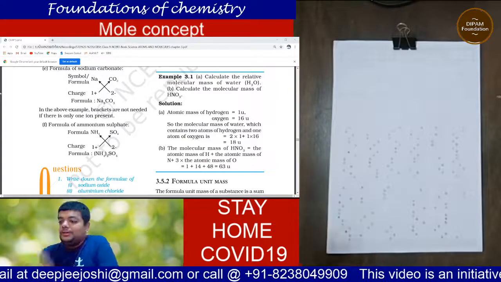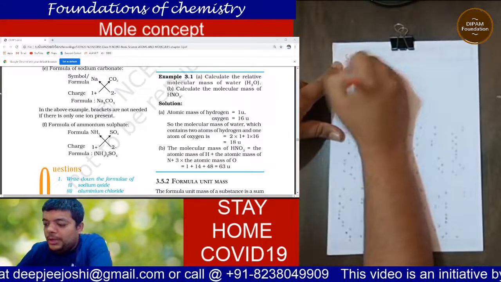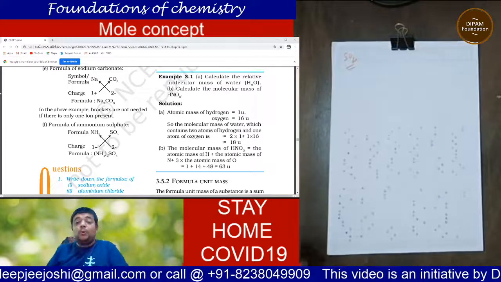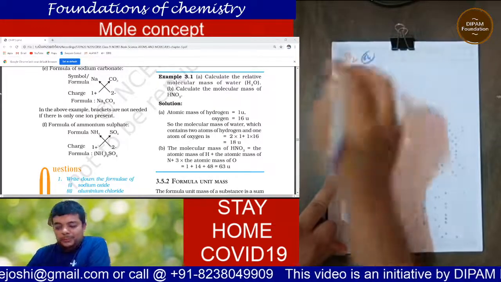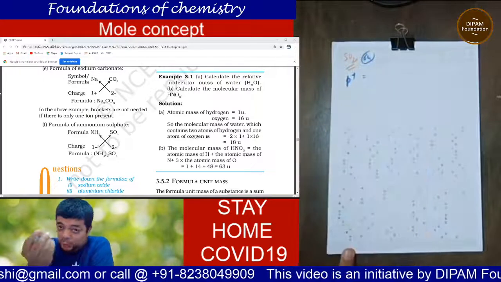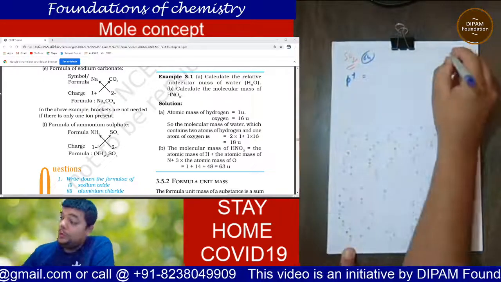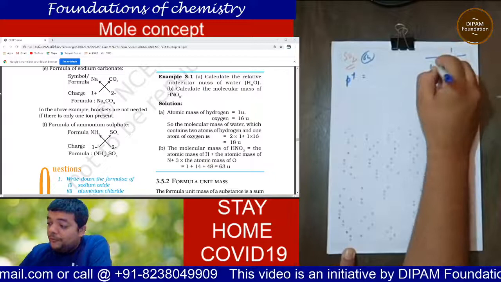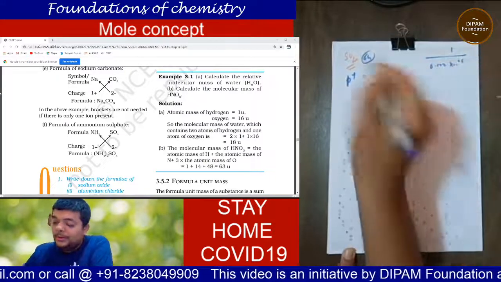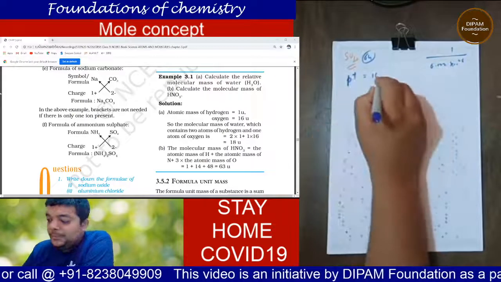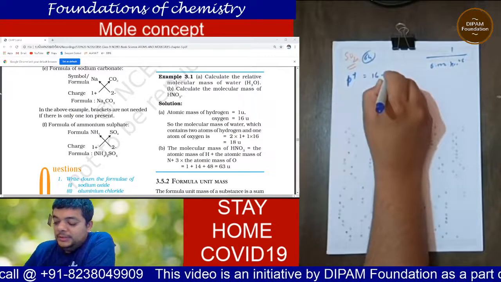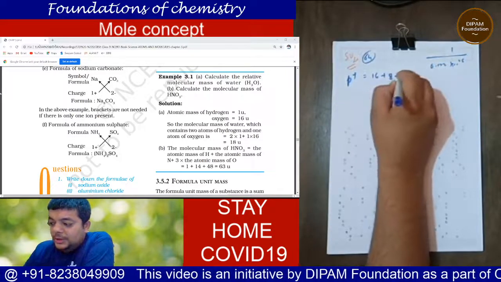See how. For the same SO2, if someone asks me the number of protons in 64 gram of SO2, I know that a single SO2 means 1 of 6.022 into 10 to the power 23. How many protons does it contain? Sulfur contains 16 protons, one oxygen contains 8, second oxygen contains 8.